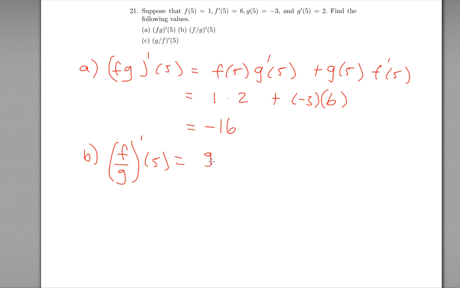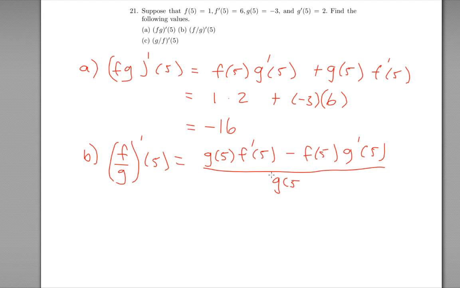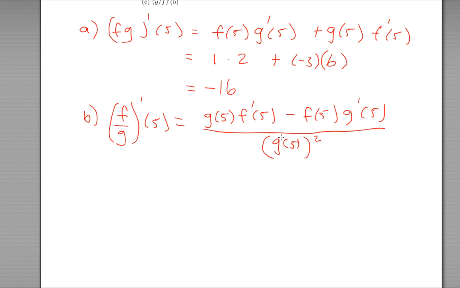So g at 5, the bottom, times the derivative of the top, f prime at 5, minus the top, f at 5, times the derivative of the bottom, g prime at 5, divided by the bottom squared, which is g at 5 squared. So I can go ahead and do that.